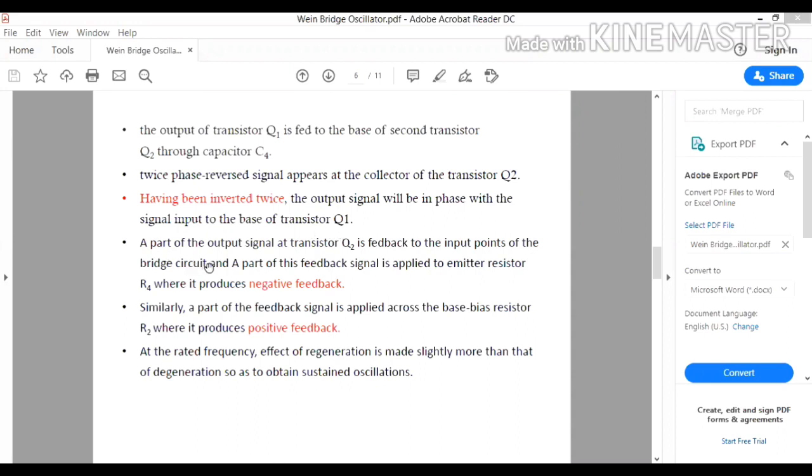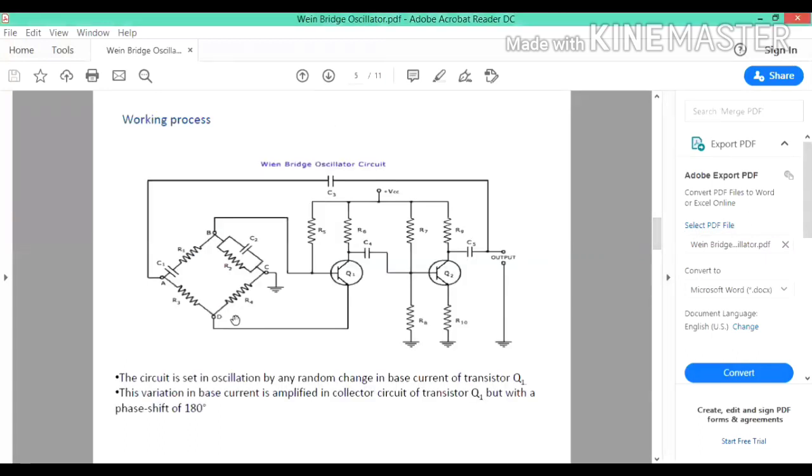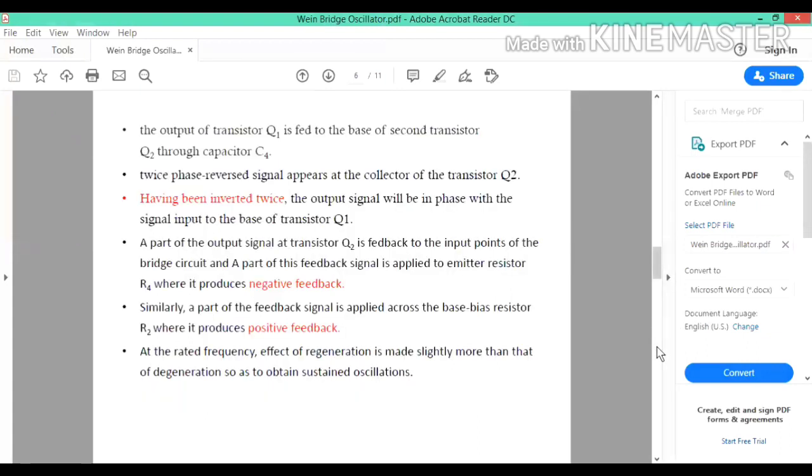So a part of the output signal of transistor Q2 is fed back to the input points of the bridge circuit, and a part of the feedback signal is applied to the emitter resistance R4, where it produces negative feedback. Similarly, a part of the signal is applied across the base resistor R2, which provides positive feedback.